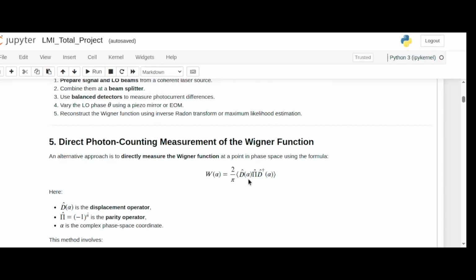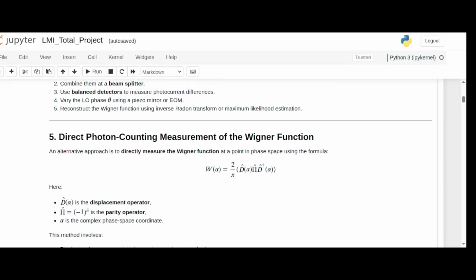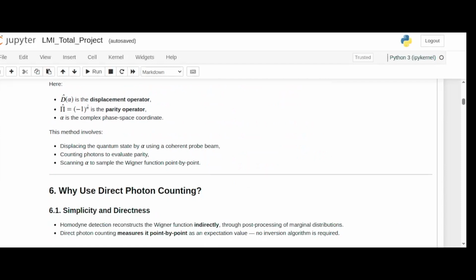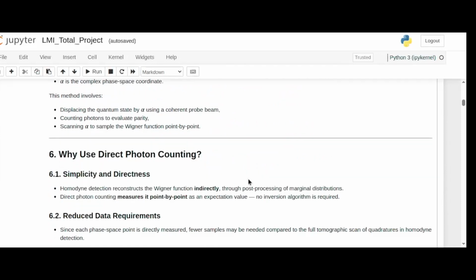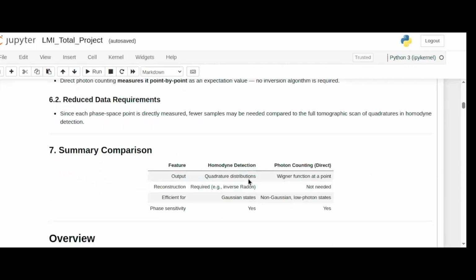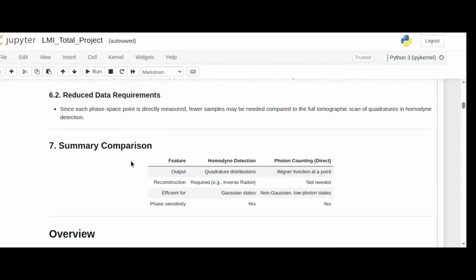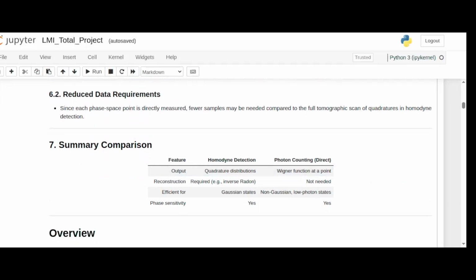This displacement operator allows us to scan the phase space easily. This is the overall main difference between homodyne detection and photon counting.